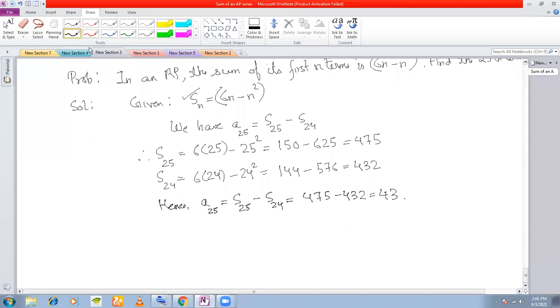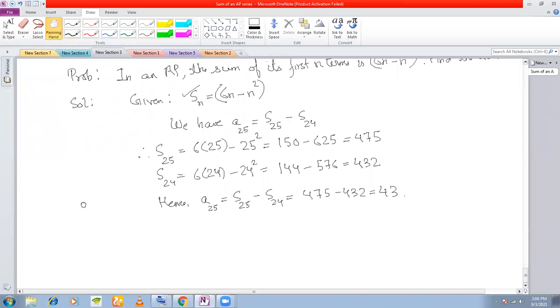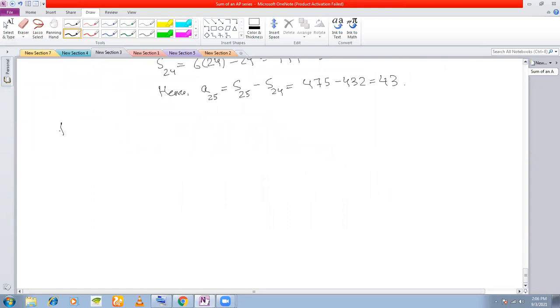So let us proceed with the next problem. The next problem here is: the fourth term of an AP is 22, and the 15th term is 66.